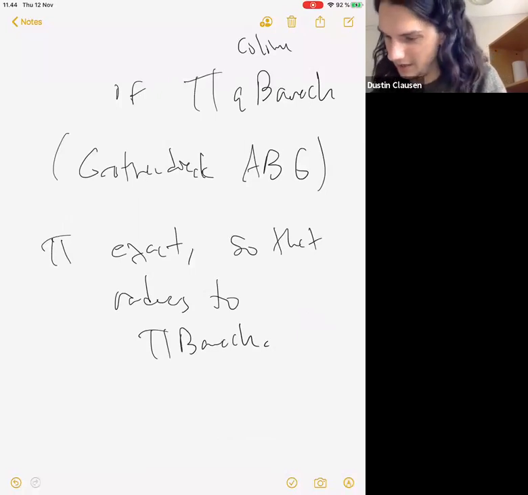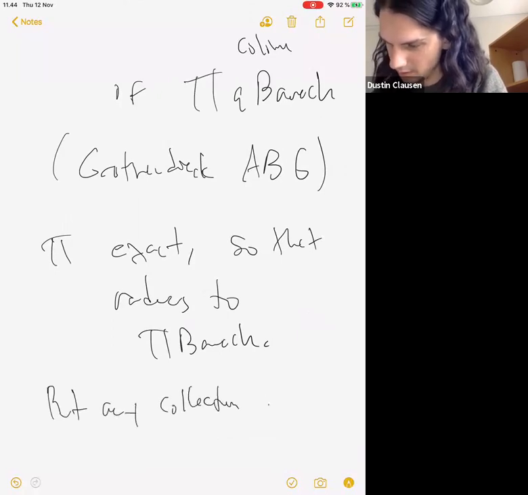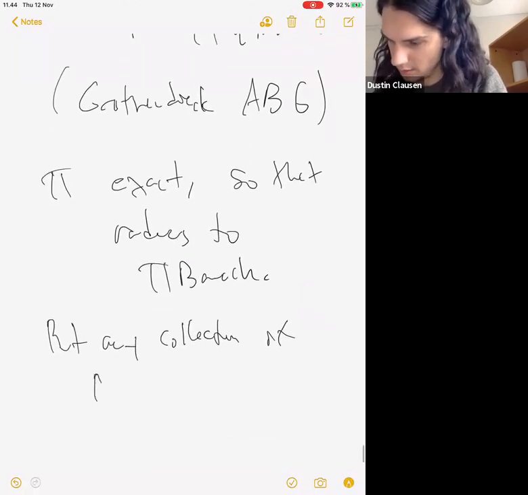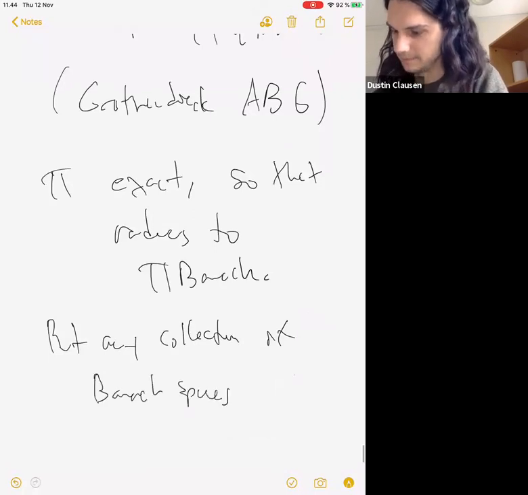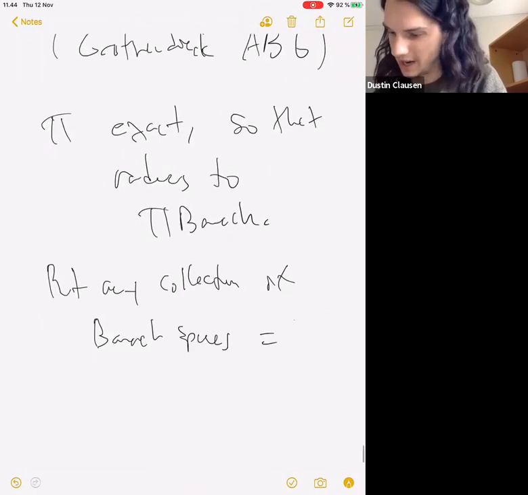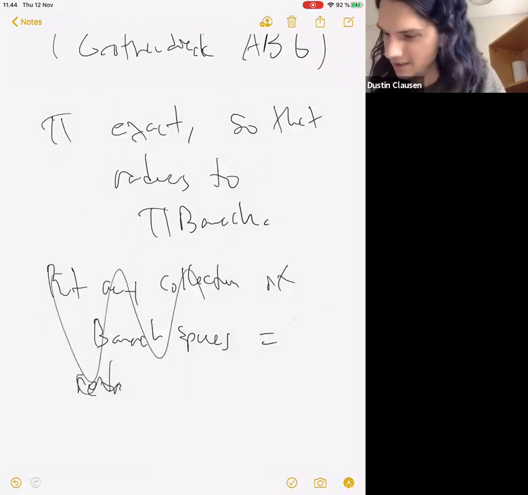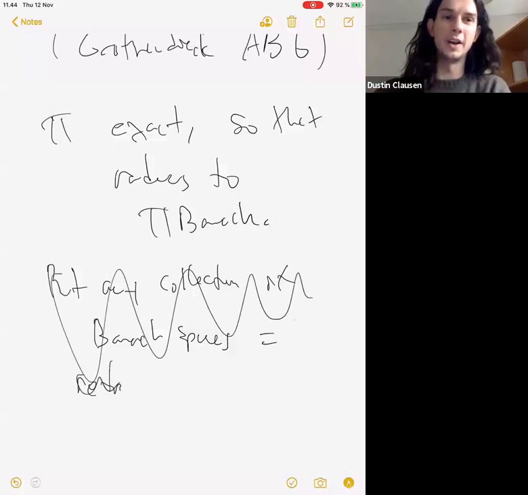But now any collection of Banach spaces is a retract. Well, we can write each Banach space as a retract of a single Banach space of some huge dimension. So we just take the maximum of the dimensions of these Banach spaces.